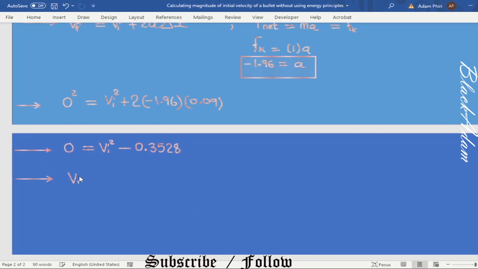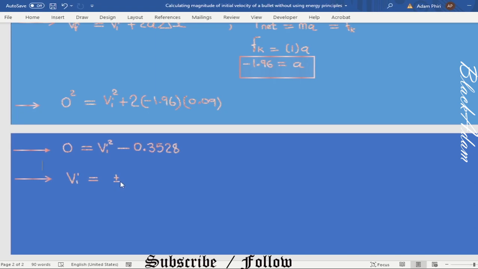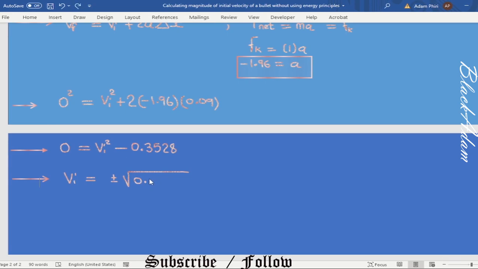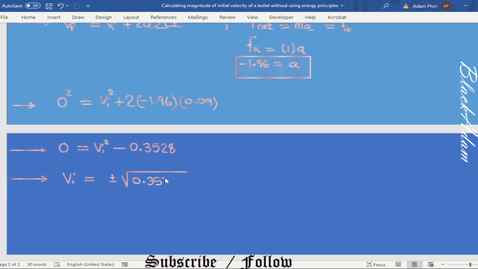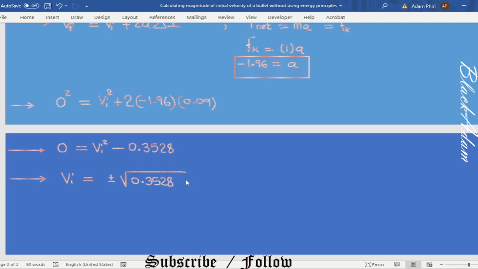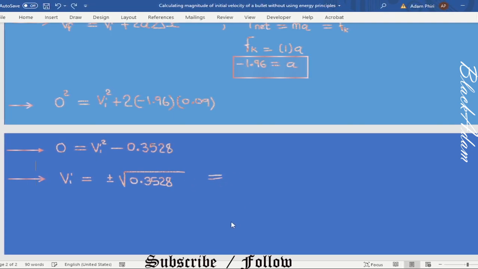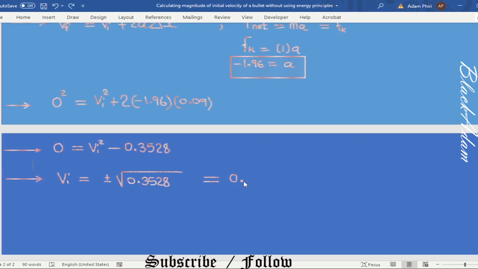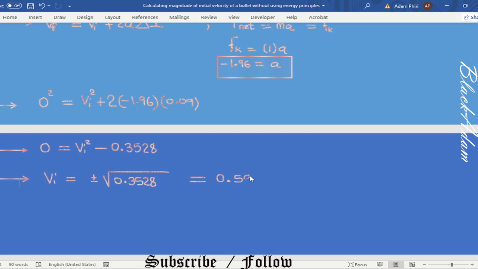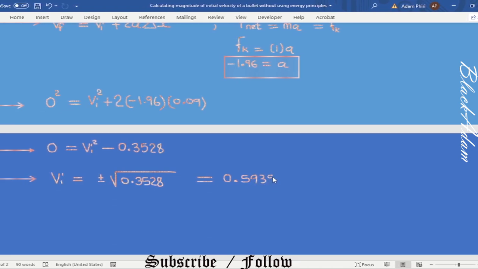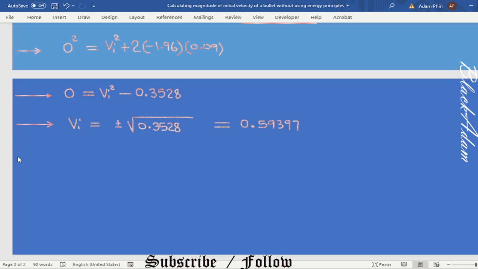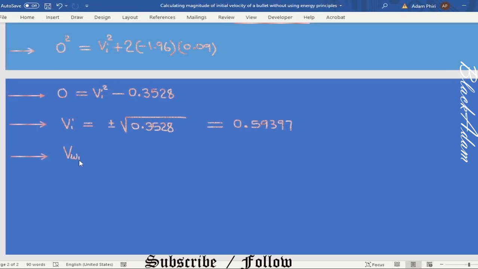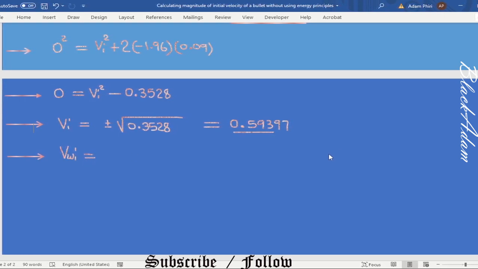Now Vi is going to be the positive or negative root of 0.3528, which gives 0.59397. Rounding to 2 decimal places, the velocity of the wood initially is 0.60.